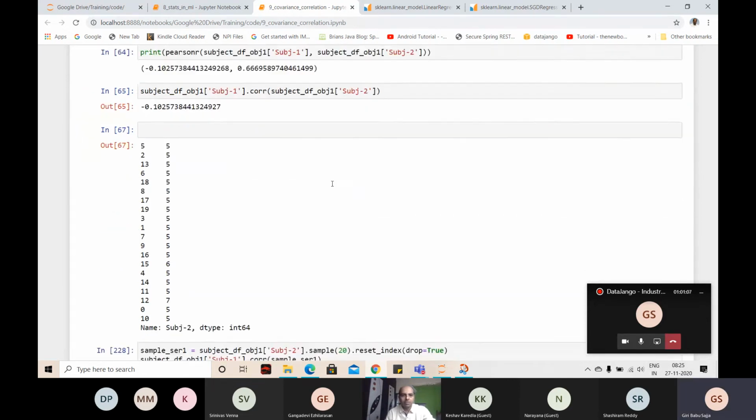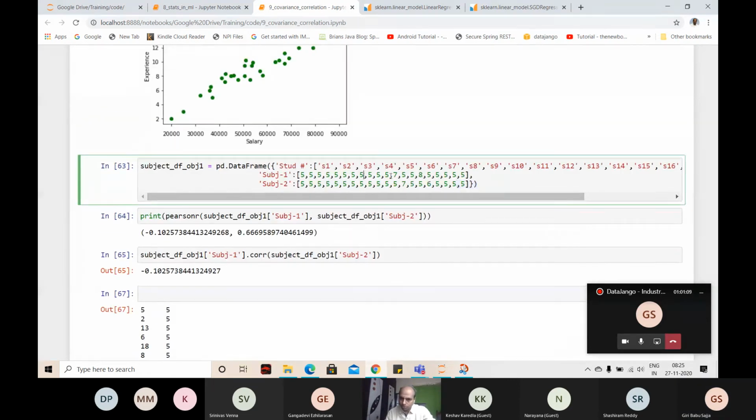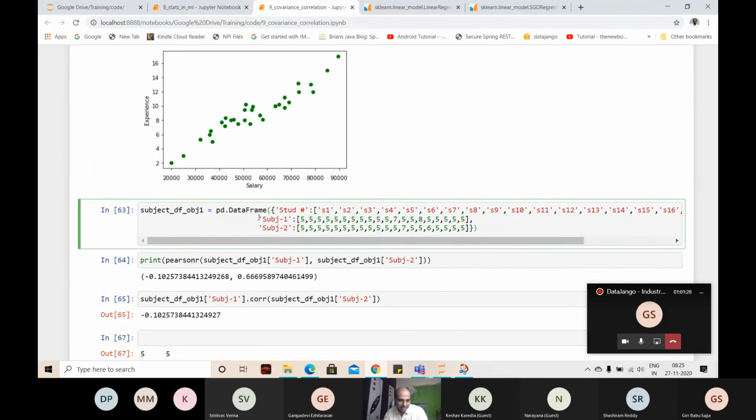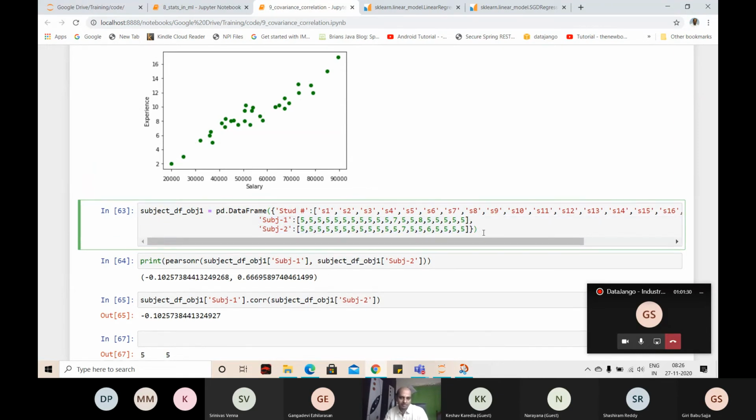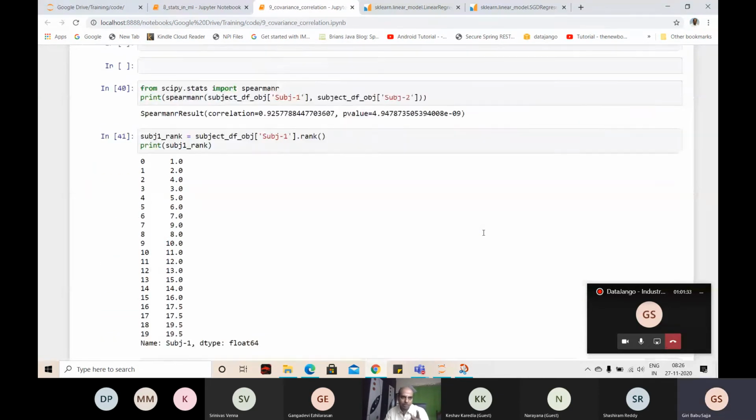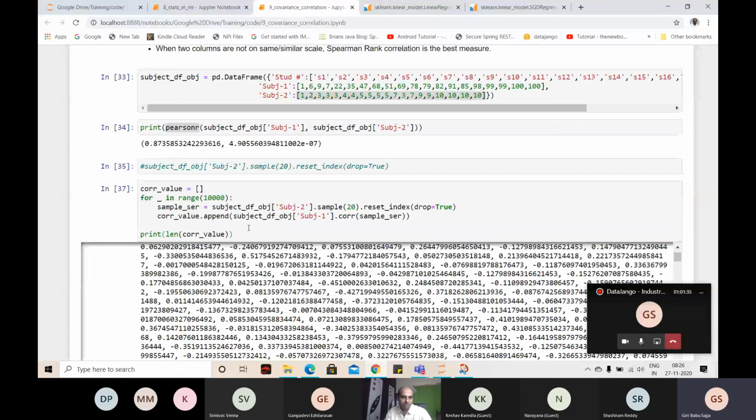When you shuffle and calculate correlation, it shows correlation, but that is not significant. When the values are different and the variance is there and the relationship is there, then it is significant, right? So that's what we are trying to see, whether these columns are related or not. That is one of the things we are trying to look at.